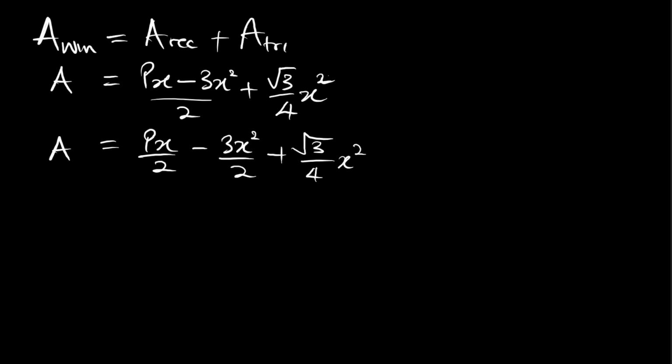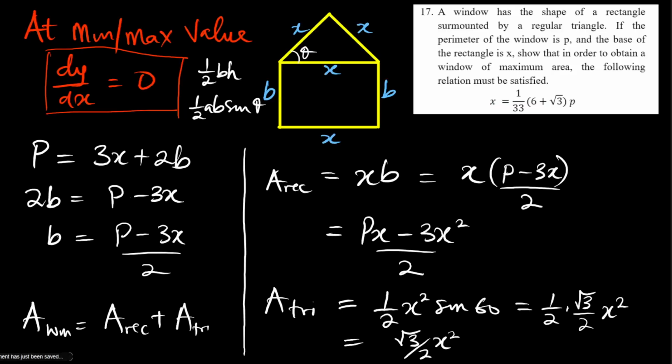Now, like I told you guys, the equation is now given in terms of A and x and p. That's area, perimeter, and the side x. Now, when is this area maximized? So remember the equation we stated earlier.